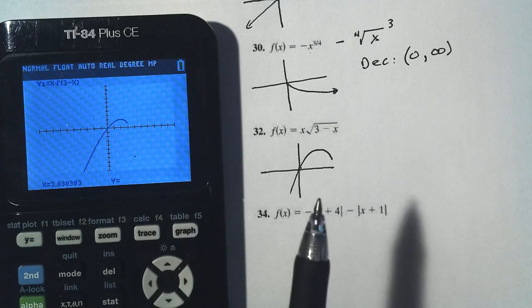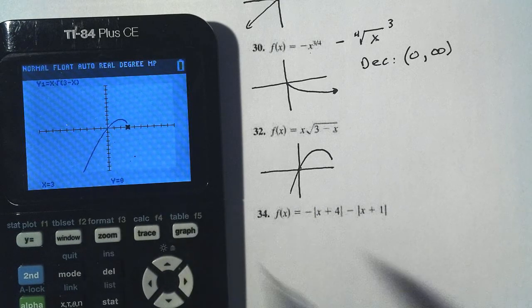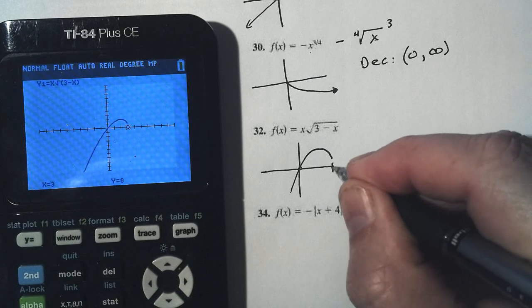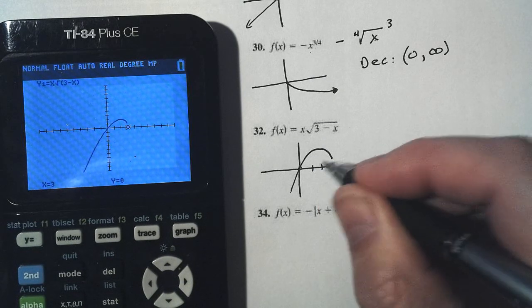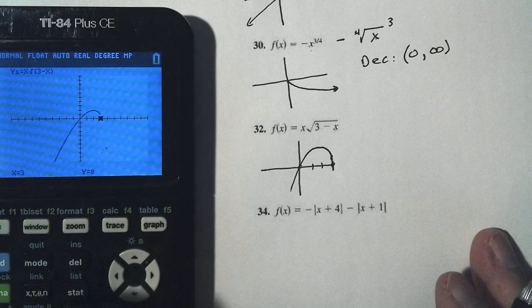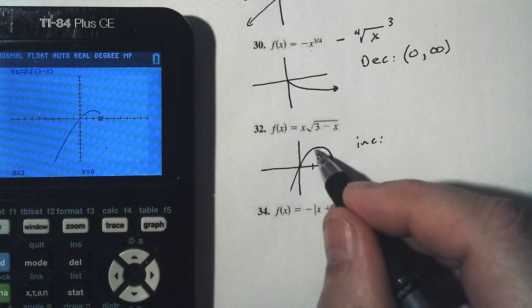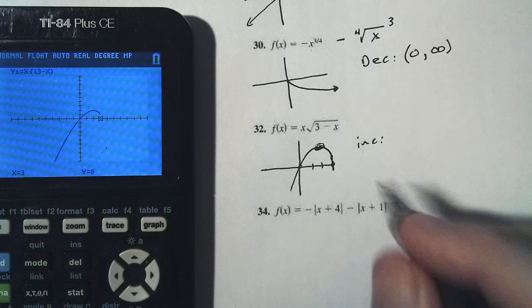I suspect it's at 3, but I think I can just hit 3 and enter. Oh, 3, 0. The graph kind of lied to us there. It really gets down to 0 here.